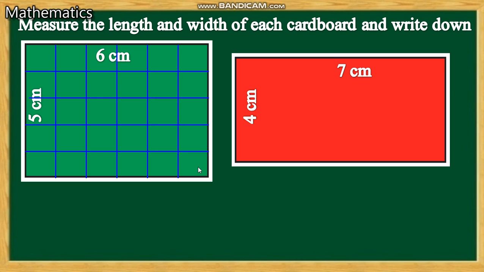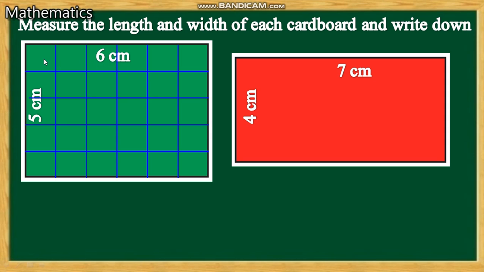In the first row, how many squares can you cut? 1, 2, 3, 4, 5, 6. In the first row you can cut 6 squares.